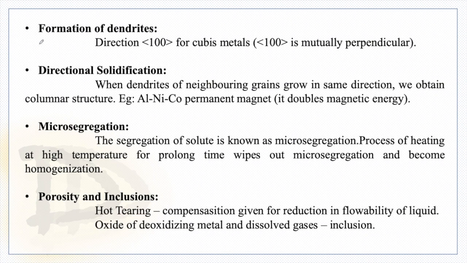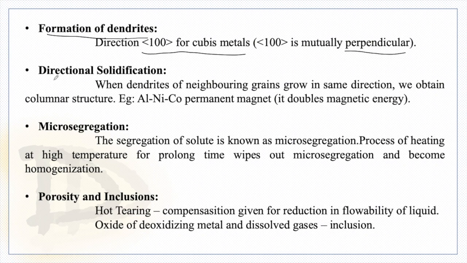One is the formation of dendrites. If the velocity of the interface increases further, the cells tend to grow along certain directions. An example is the direction 100 for the cubic metals, because the 100 directions are mutually perpendicular, and so along particular directions the formation of dendrites occurs.